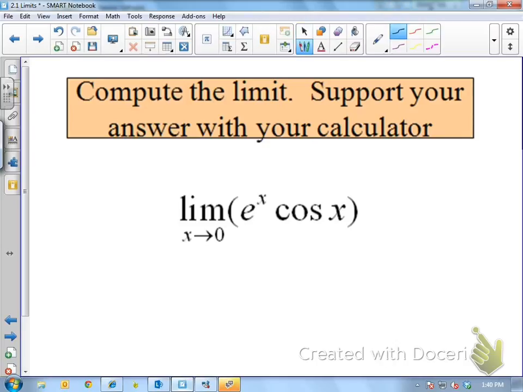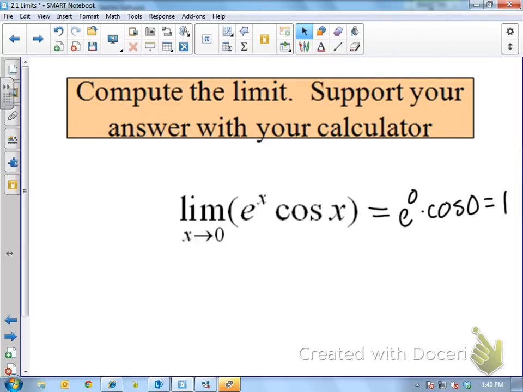So this one, what did we get? We plugged in 0, 1. E to the 0 times cosine 0 is 1. So I could have also maybe made a table. What numbers would I pick if I'm approaching 0?